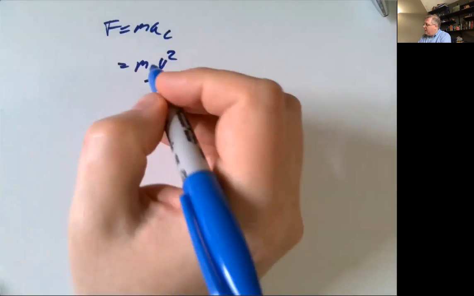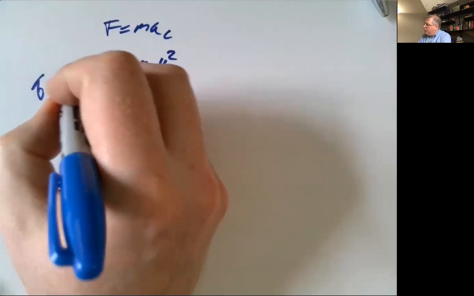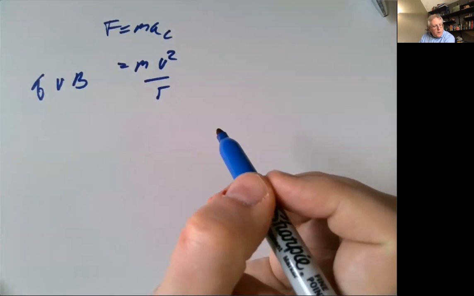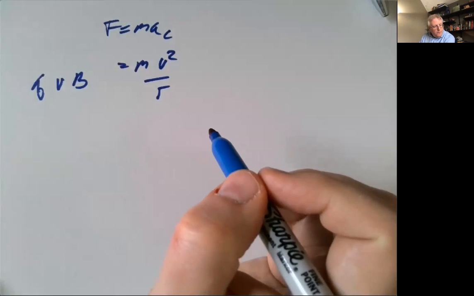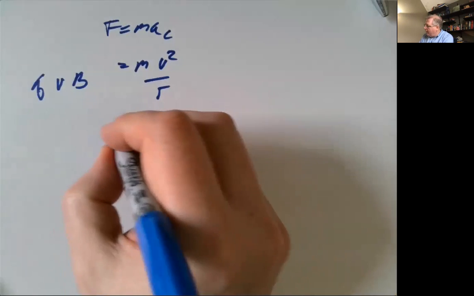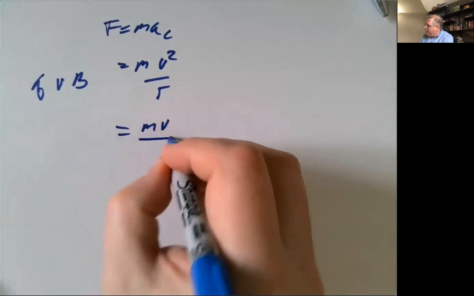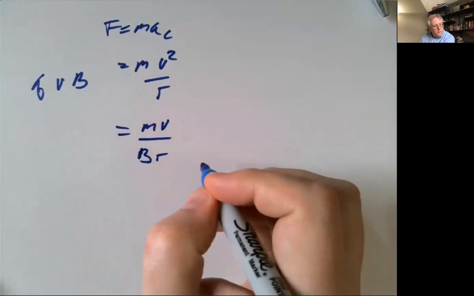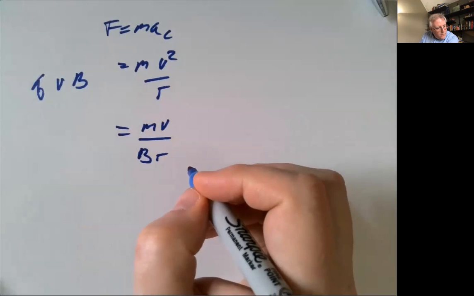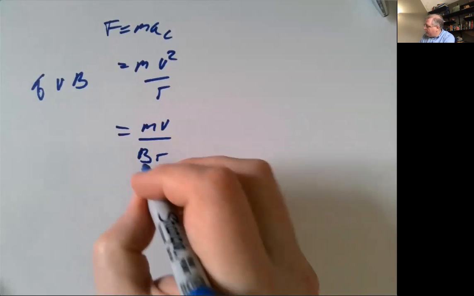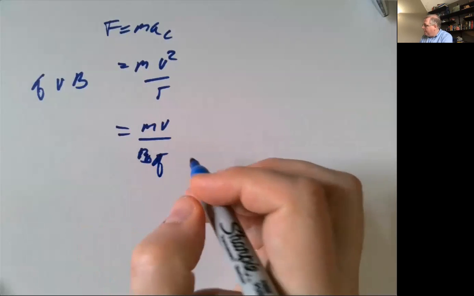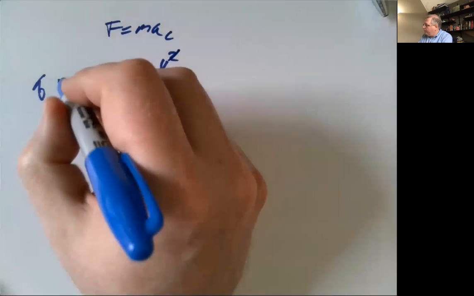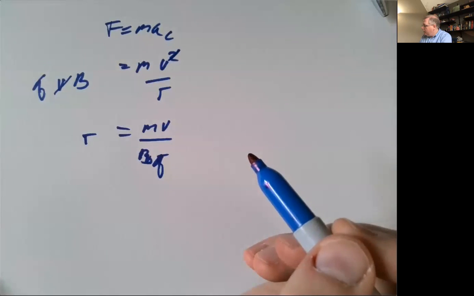And that's going to be equal to the force we're applying, which is Q times v times B. If I move this around a little bit, I can say mv over qB is going to be equal to r. Do I have that right? Yeah.